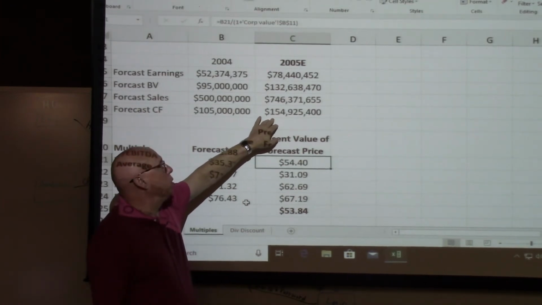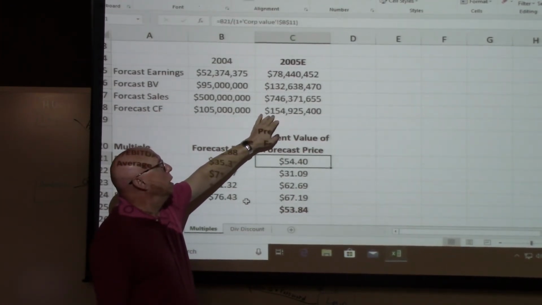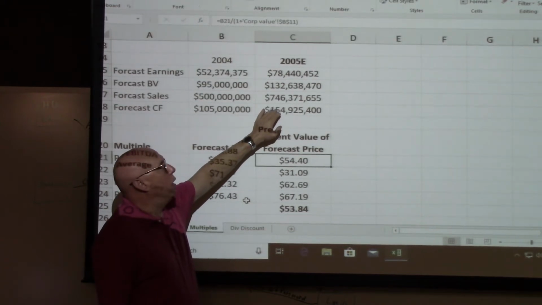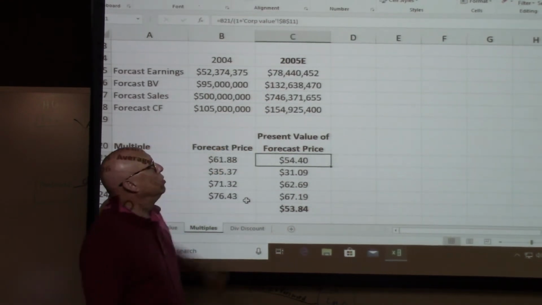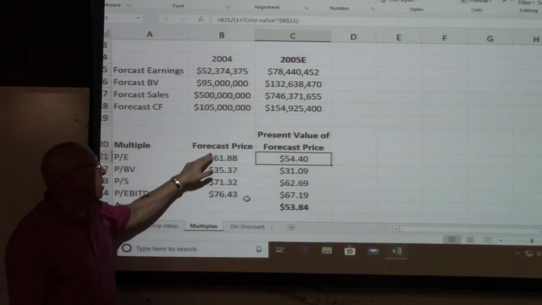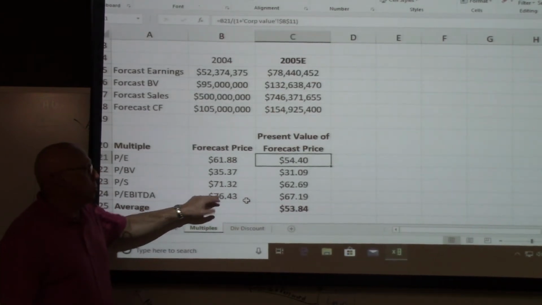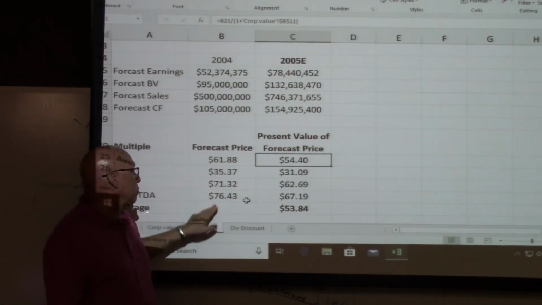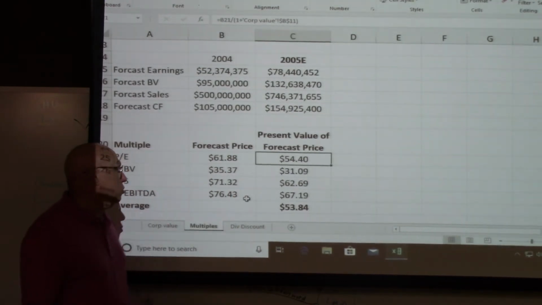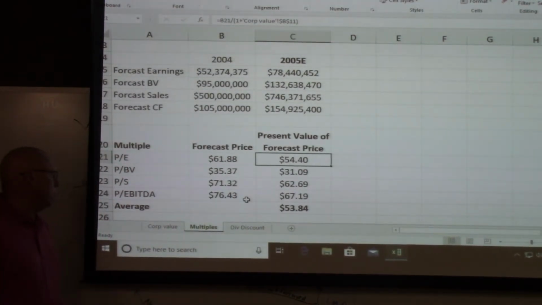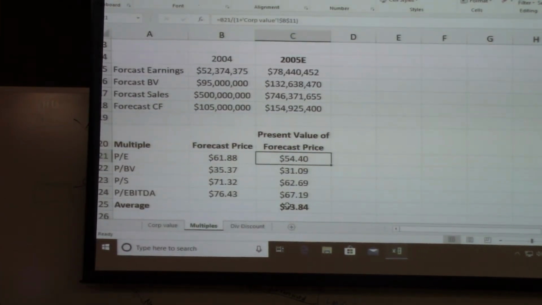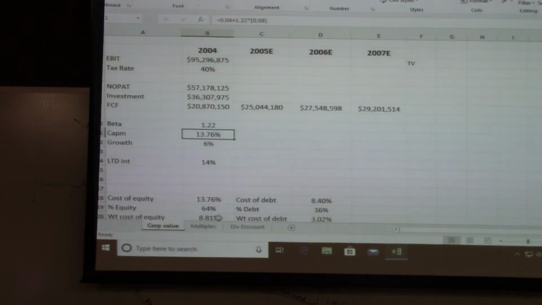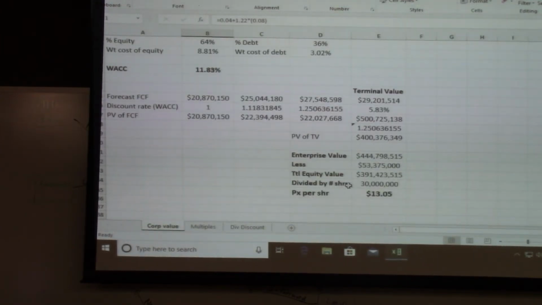We simply average the multiples and use the average as our forecast multiple, and then multiply our average multiple by our forecast fundamental to get our forecast price, and then divide by 30 million to get price per share, and then find the present value of the prices per share using the cost of equity 1 year out. Okay, so far, we get 53.84 there, and we've gotten $13.05 there, so there's a huge gap.